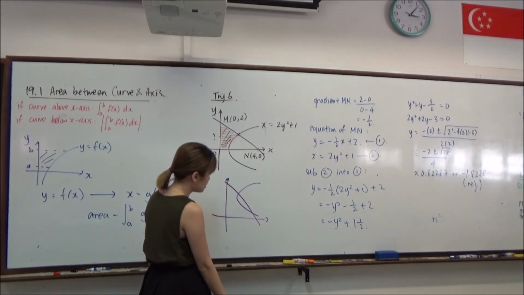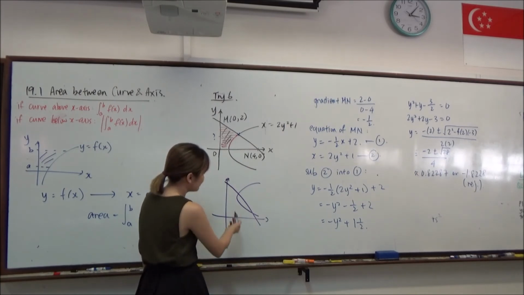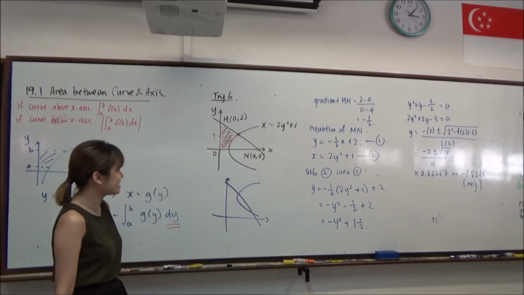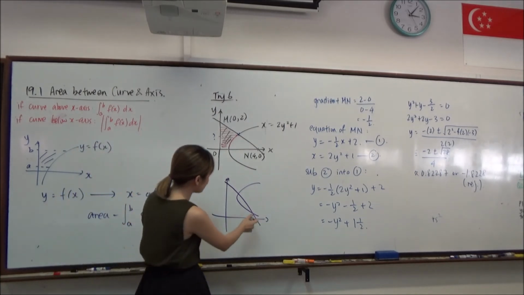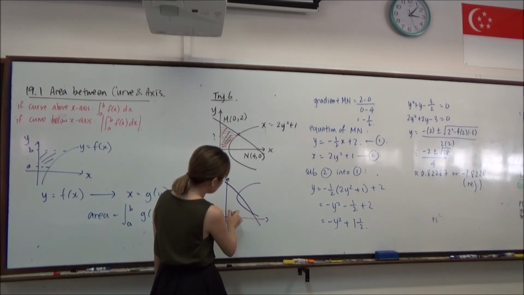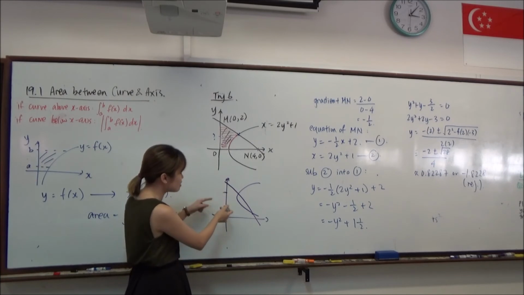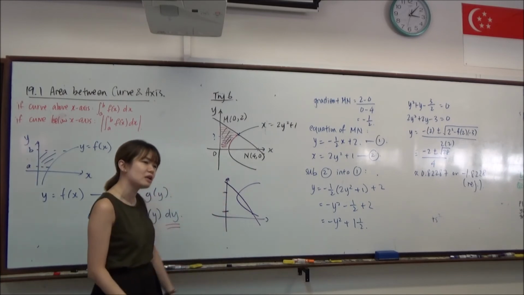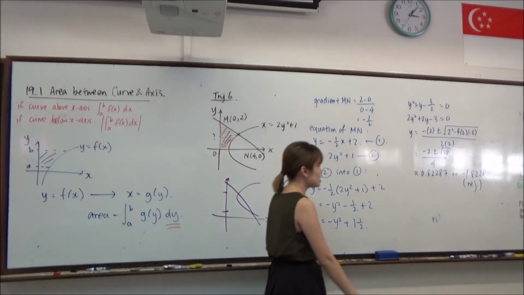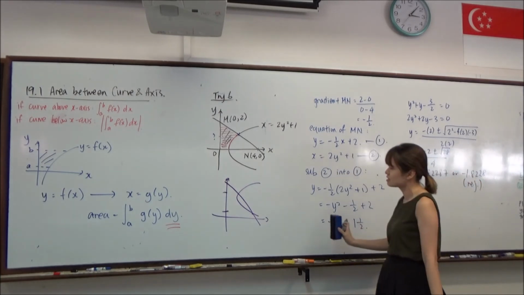Then you need to decide for yourself. There's still one bigger value and the other one smaller, so you need to be able to decipher that.